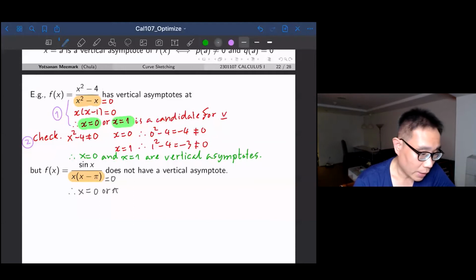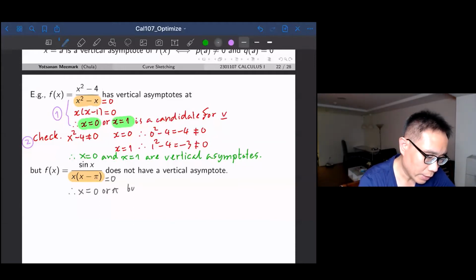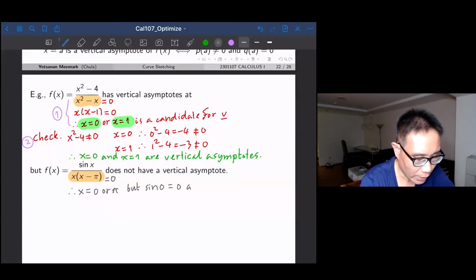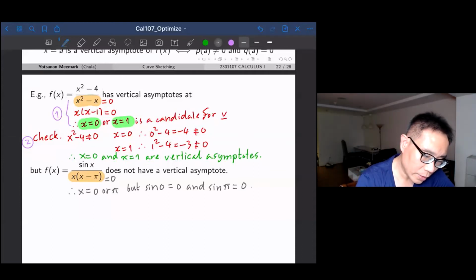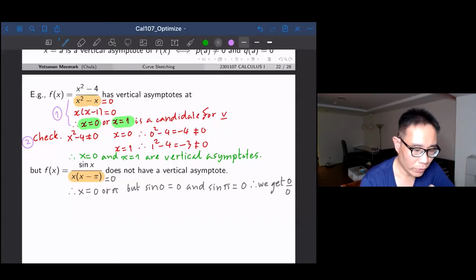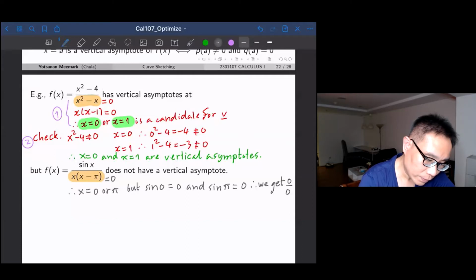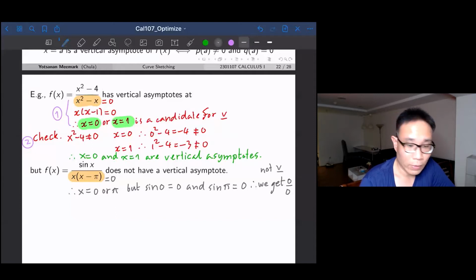And you check that sine 0 equals 0 and sine pi also equals 0. So in this case, we do not get a vertical asymptote. We get 0 over 0, so it's not a vertical asymptote.